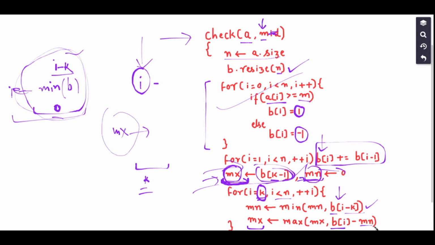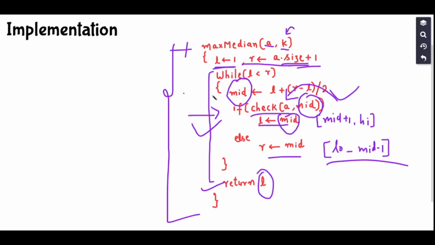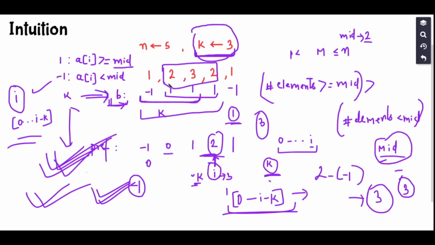Bi minus mn is going to give me the maximum sum over any segment of this array B. How? We discussed it here, how I got the maximum sum over this subarray range.